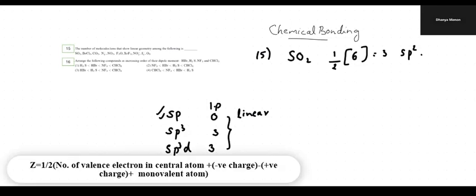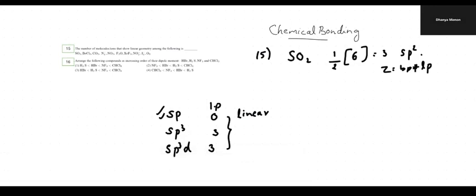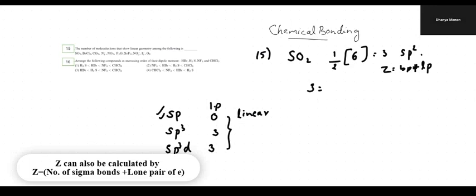So Z is equal to bond pair plus lone pair. Okay, so I have here 3 is equal to 2 bonds plus lone pair, so lone pair is equal to 3 minus 2, which is 1.